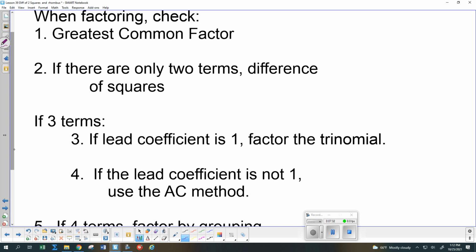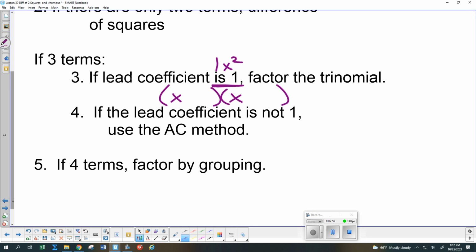If it's three terms, and if it starts with 1x squared, we'll factor it with two parentheses that start with 1x. If it starts with something else, 3x squared, 2x squared, 12x squared, at least one of those parentheses has to start with something besides 1x. And we have to use the AC method.